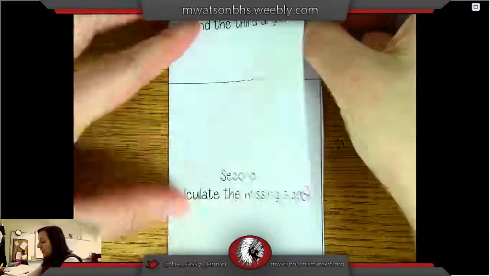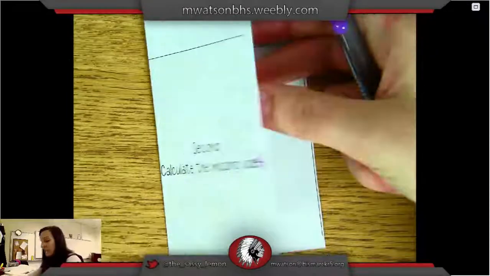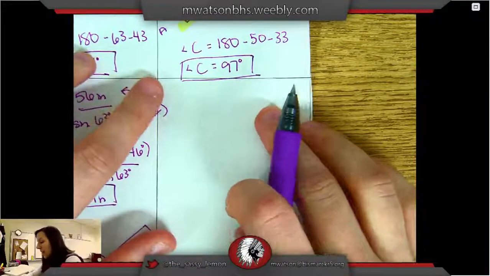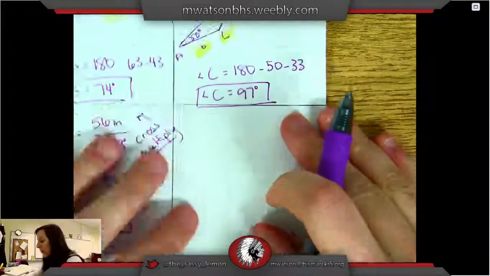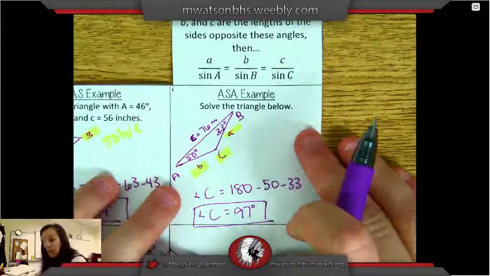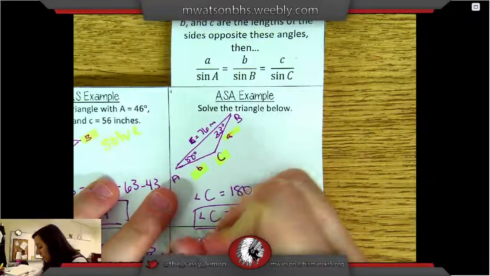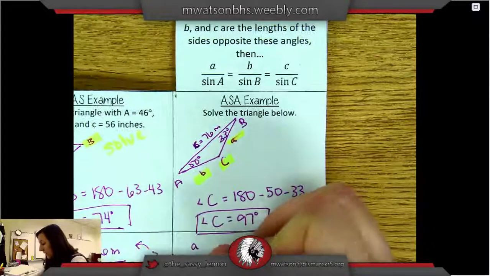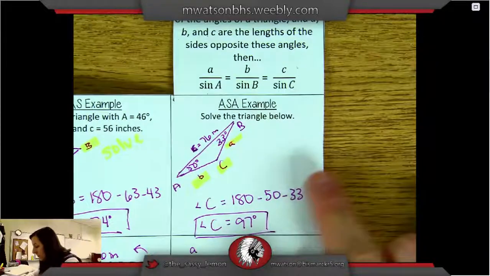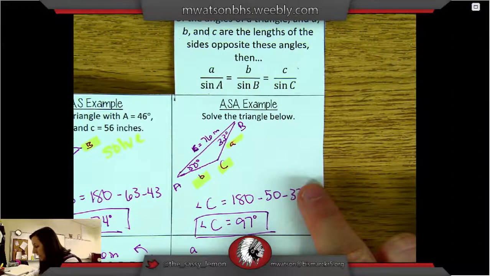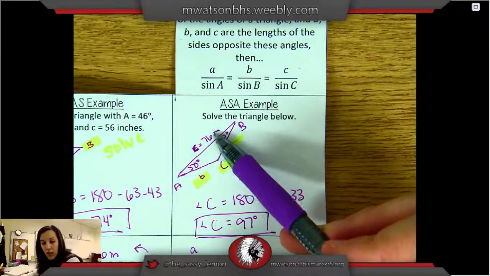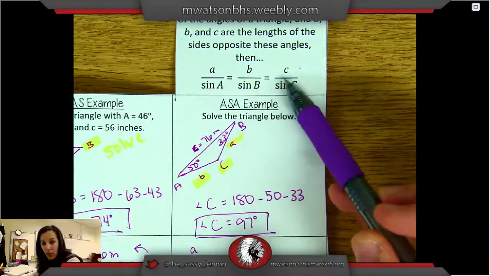Now we have to calculate the missing sides, and we're going to do that using the law of sines. So let's go for A first, just go in alphabetical order. We're going to put A over sine of angle A, which is 50 degrees, equal to, and it looks like the only side length we have is C, so we're going to have to use that part of the proportion.